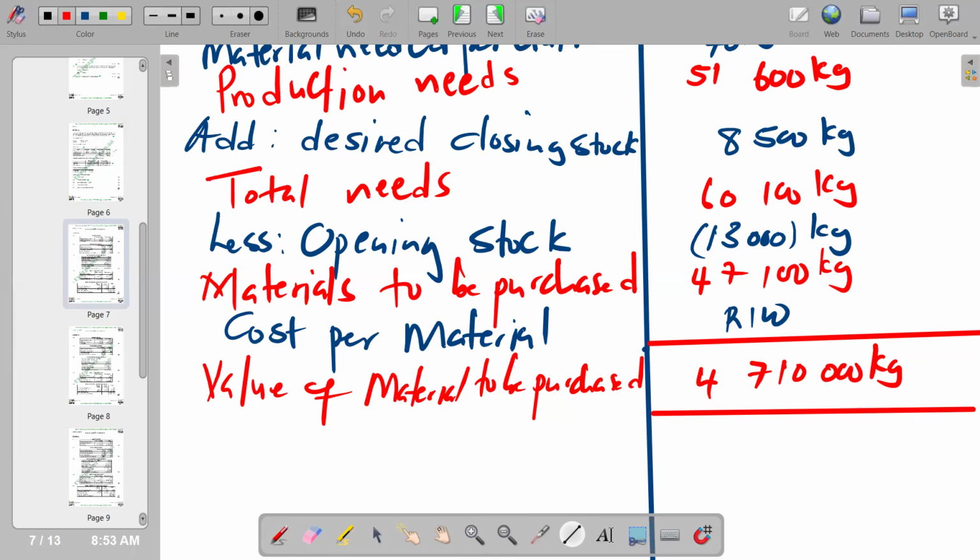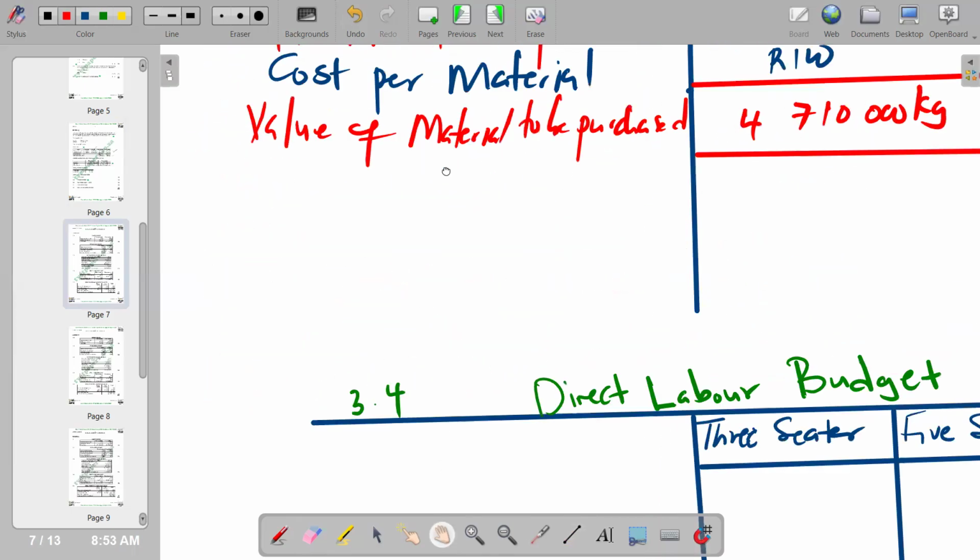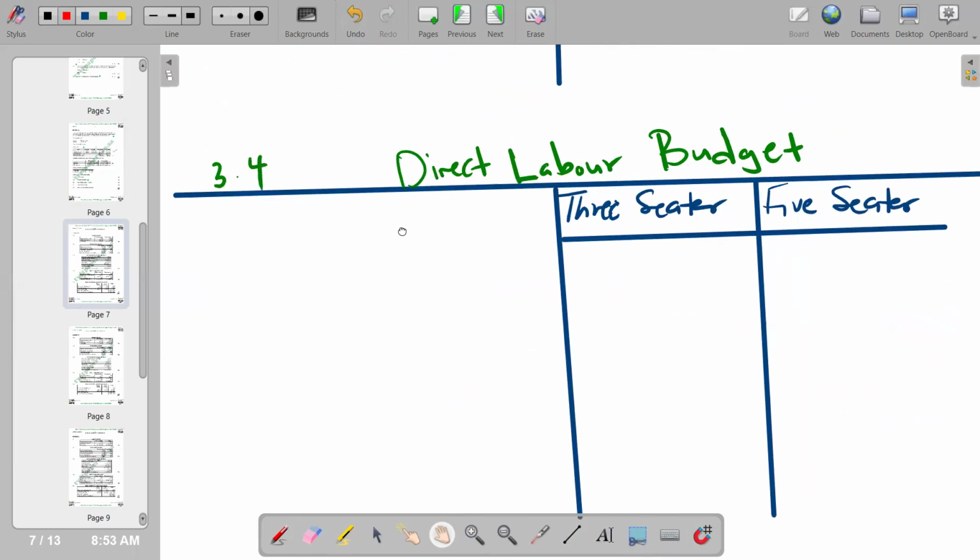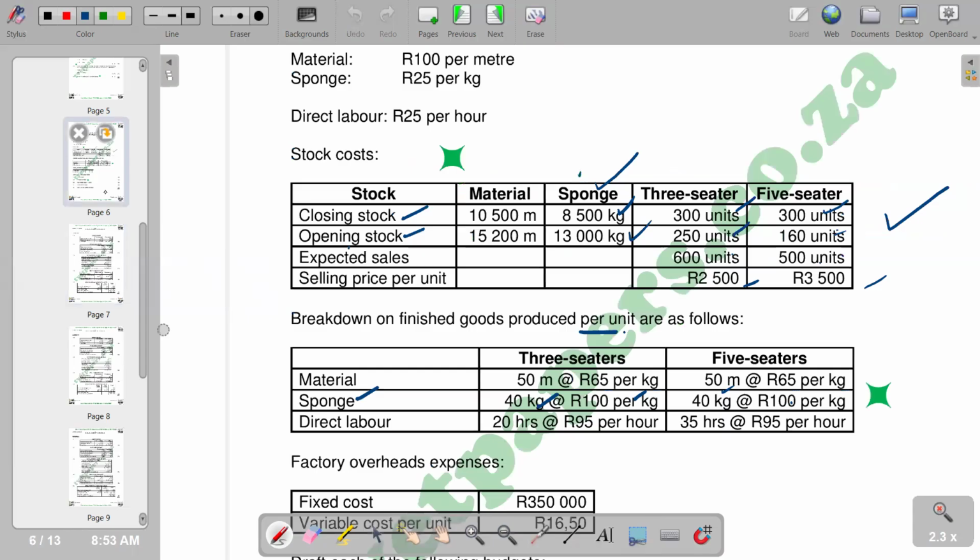From there we go to the direct labor budget. We also have a column for 3-seater and 5-seater. In the direct labor budget, we're supposed to start with the units to be produced. So we refer back to see what units have to be produced.